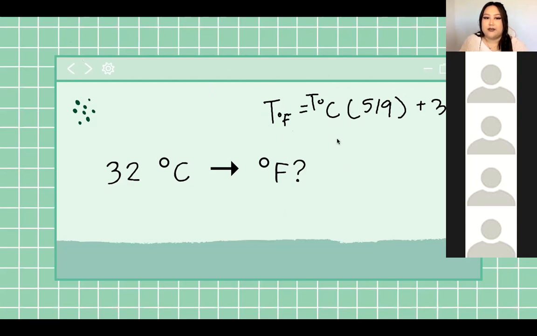So we would have 32 degrees Celsius times 5/9 plus 32, and put that in your calculator. Iris got an answer already. Did anyone else get a different answer? Or does everyone conclude that it's 89.6?